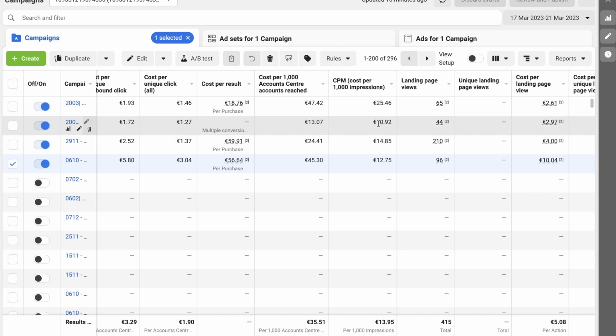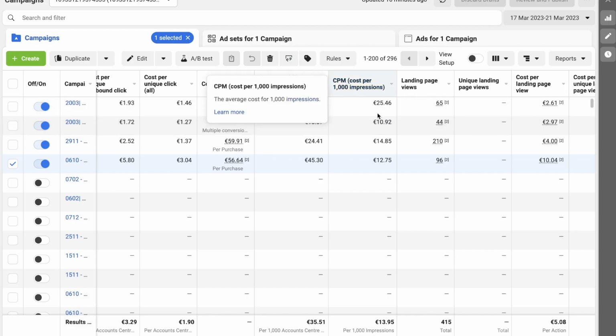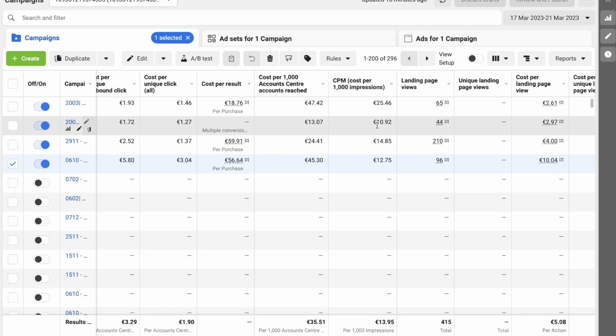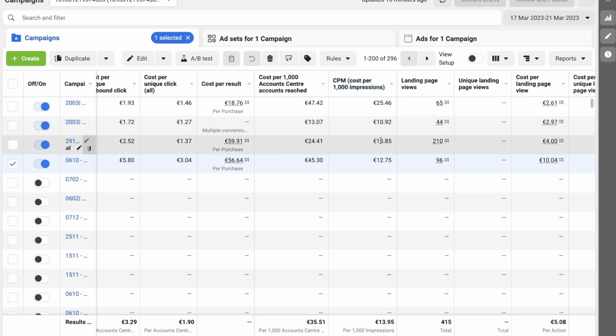TikTok and other more new social media channels always start out with much, much cheaper CPM costs. 5, 7, 10 years ago, you could advertise for €1 CPM on Facebook. Today, you can advertise for 3, 5 euro CPM on TikTok.